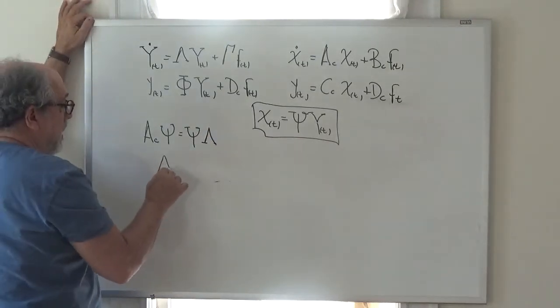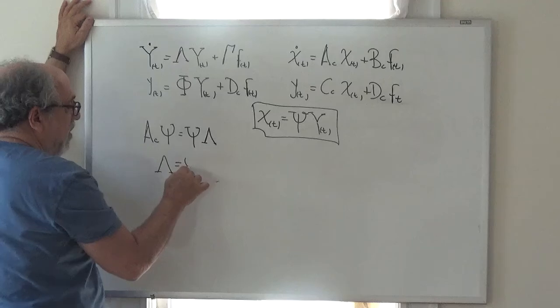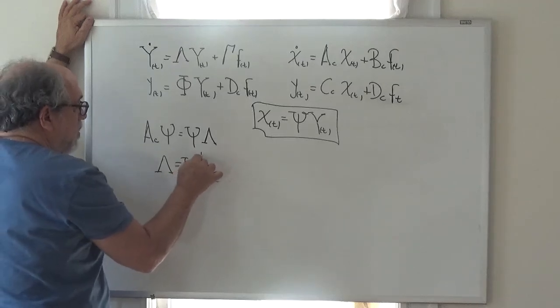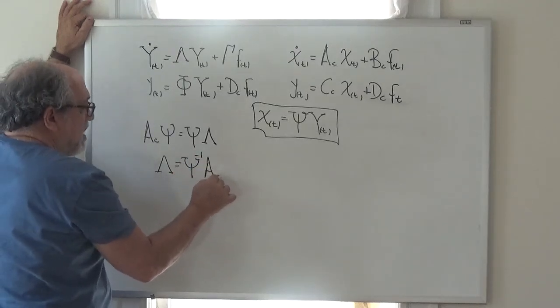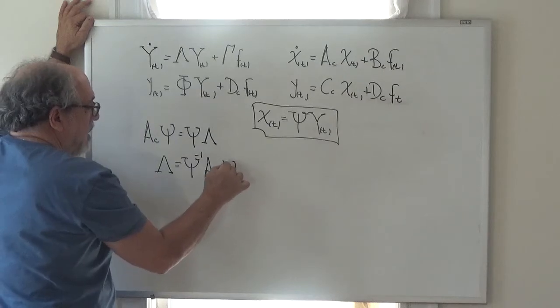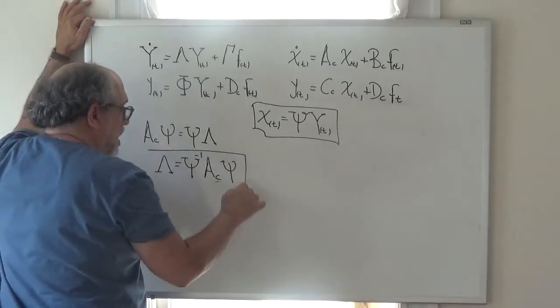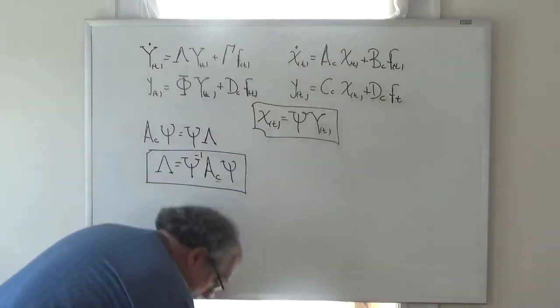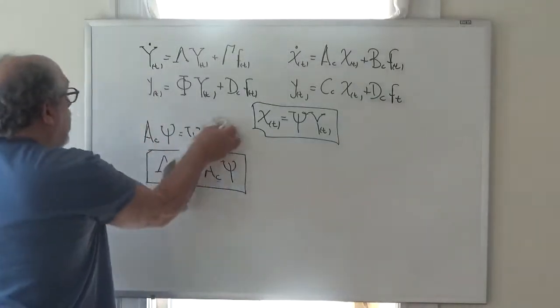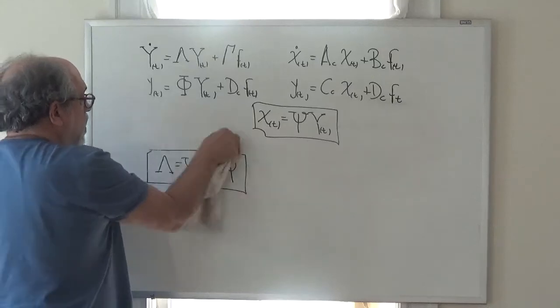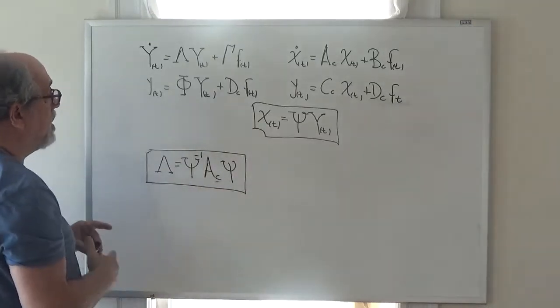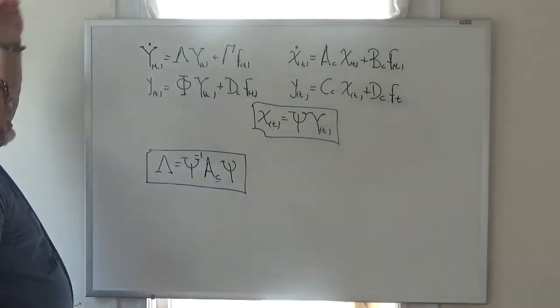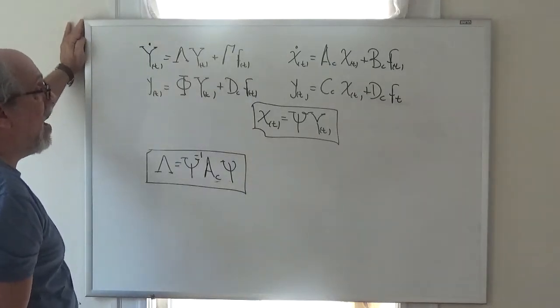So, if we want, we can say that lambda is equal to phi to the minus 1 times A_c times phi, right? Okay.